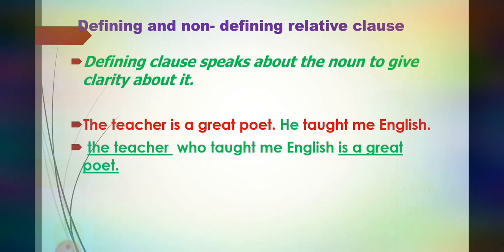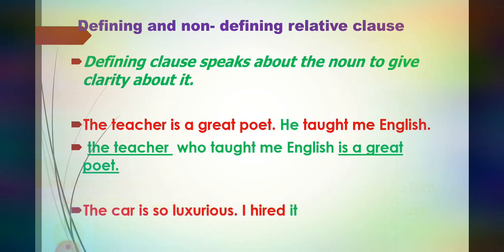Who taught me English is a subordinate clause or dependent clause. So like this, we have to take the relative clause near to the subject noun it is speaking about. So here the teacher, we are telling about the teacher. So who taught me English was brought near to the teacher.